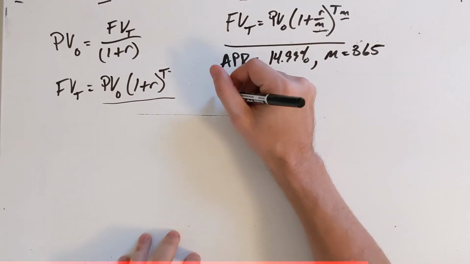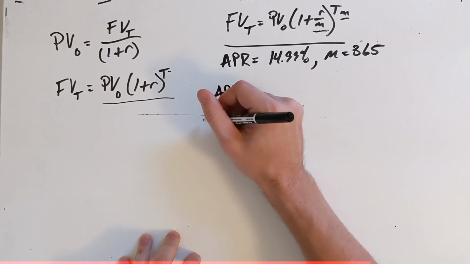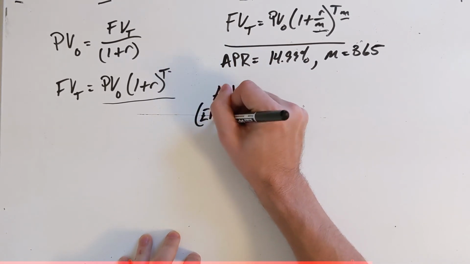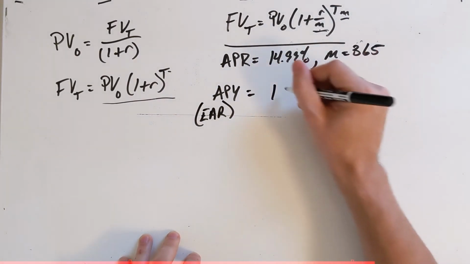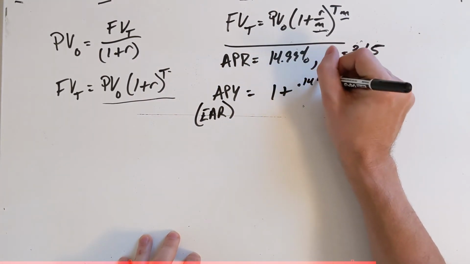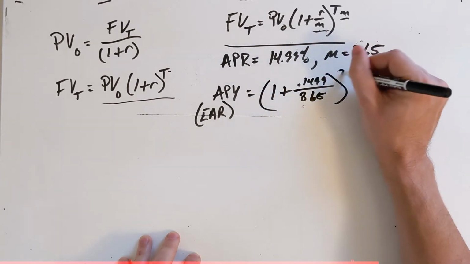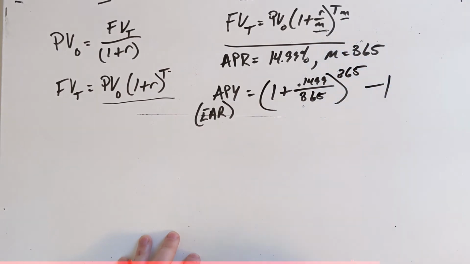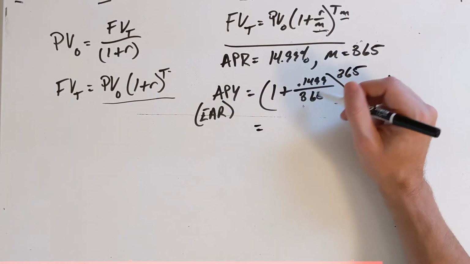We would need to figure out the APY, or the effective rate. We will use the formula 0.1499 divided by 365, minus 1.